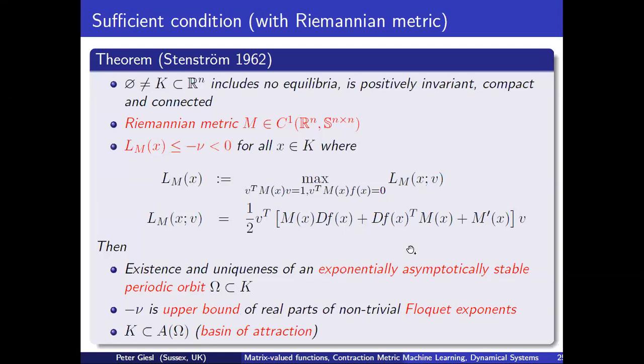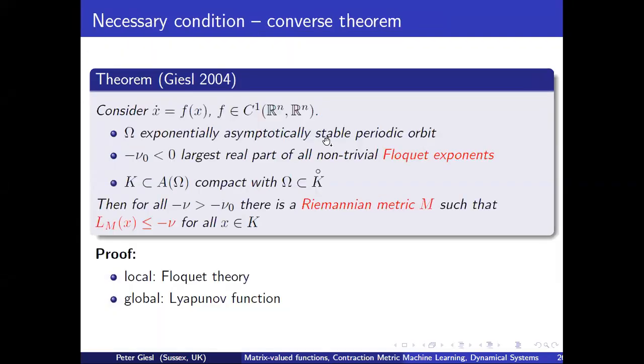Now, this is a more general sufficient condition, and the question is this now, can we satisfy this always if we find the appropriate Riemannian metric? So is this necessary? And the answer is yes now. And I will show you one converse result and another one later.